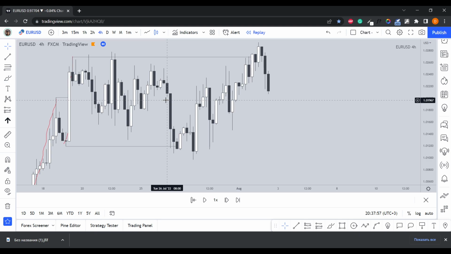So find the break of structure, then follow the impulse, find the pullback. Follow the impulse back, find the beginning of the impulse, and mark it as a high and a low. And then continue doing the same until you arrive at your recent price action. Okay? So actually do it. Be careful. Be focused, and send me your screenshots with marked up structure.